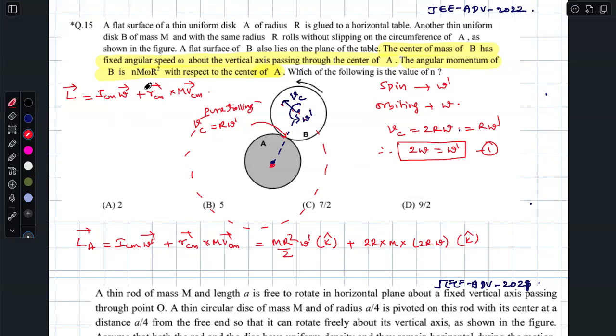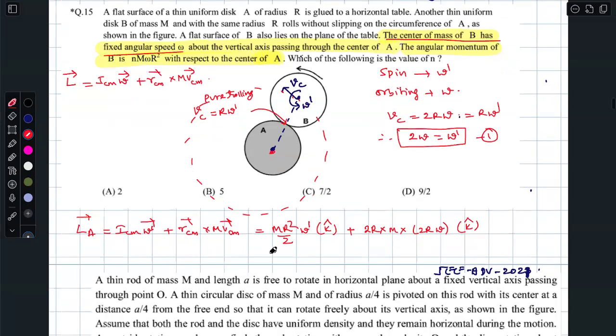The center of mass of B has a fixed angular speed omega. So don't write it in omega dash. Express it in terms of omega. Now omega dash can be written as 2 omega. Finally, this is M R squared omega into 2, plus 4 M R squared omega K cap. And this is finally 5 M R squared omega K cap.